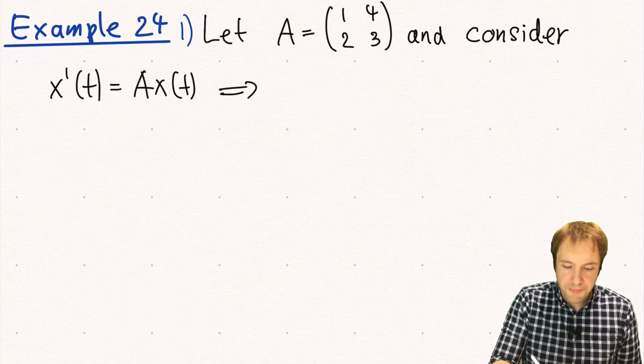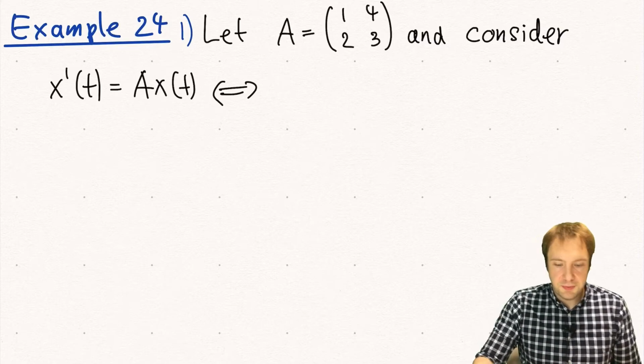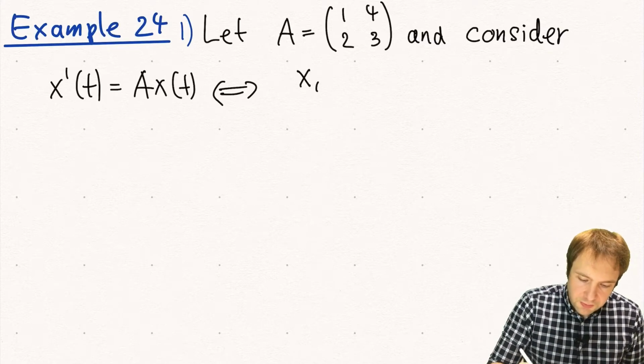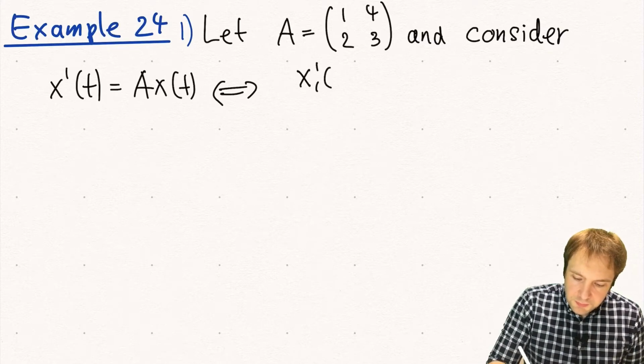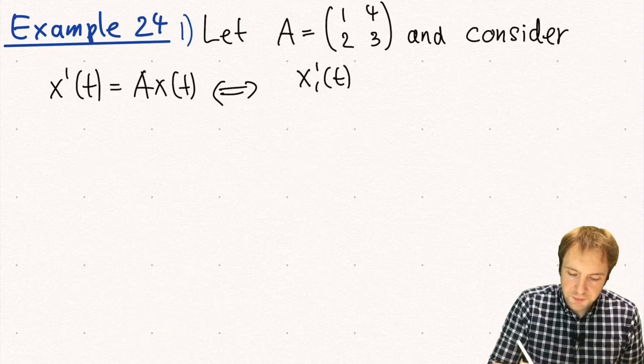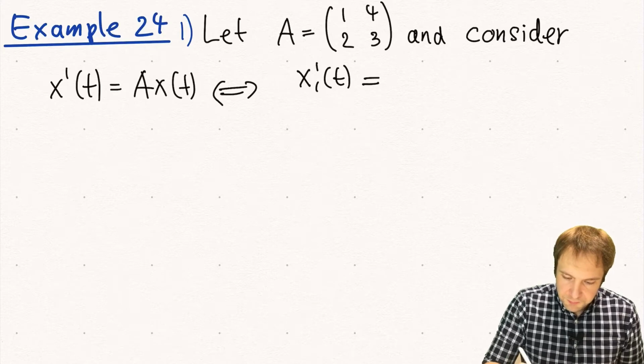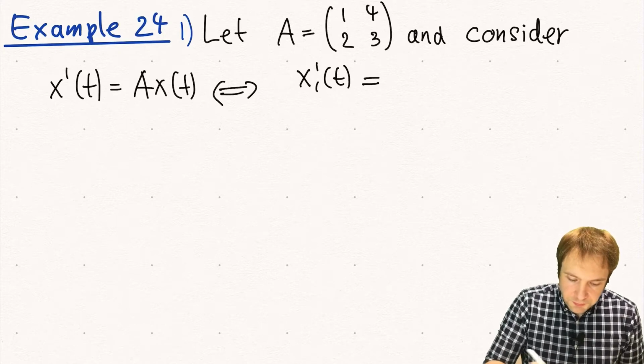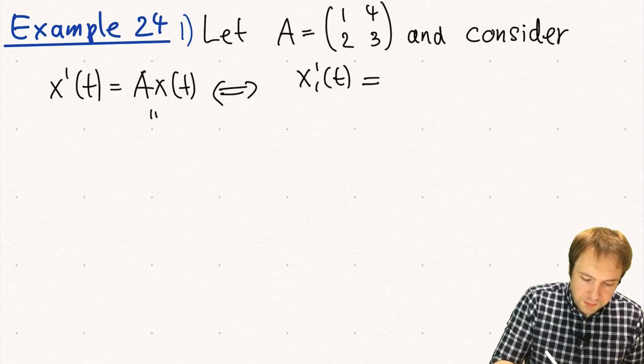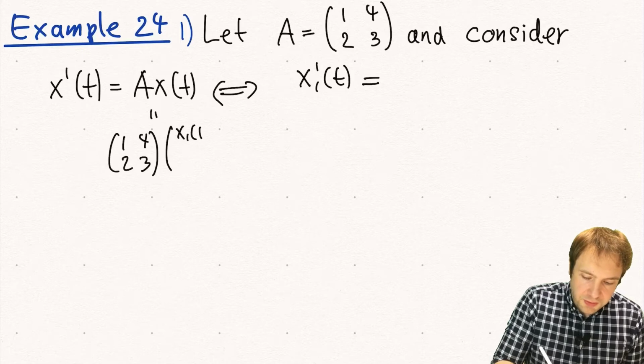So this just means that the derivative of the first entry equals, well, the right hand side is the matrix 1, 4, 2, 3, and I multiply with the vector x1(t), x2(t).